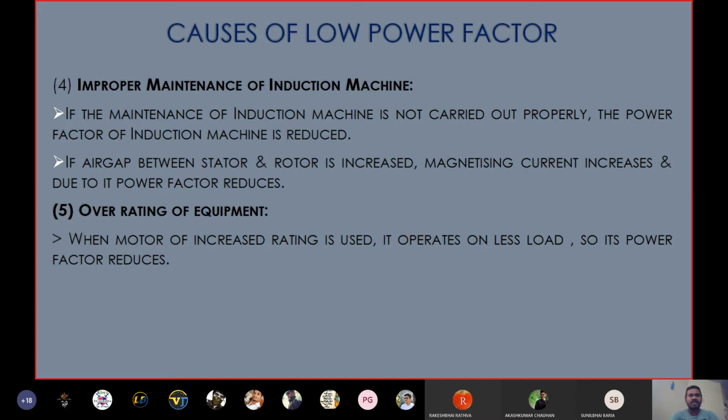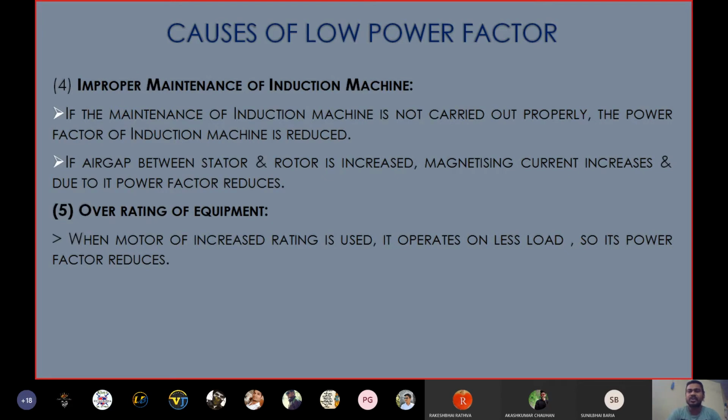So this is another cause of low power factor: overrating of the equipment. When a motor of increased rating is used, the load requirement is less, but we are using an overrated machine.